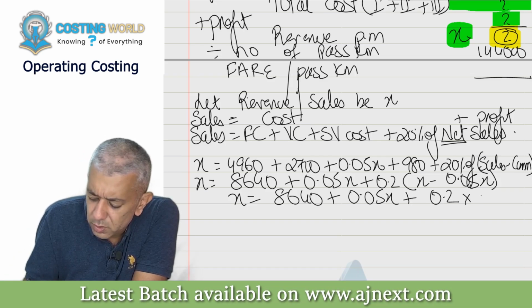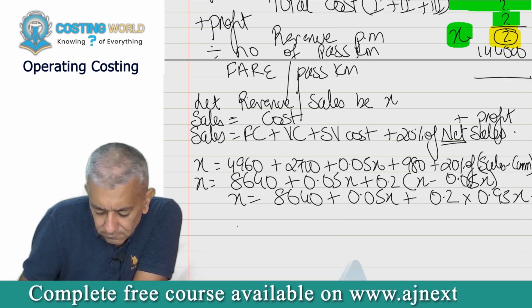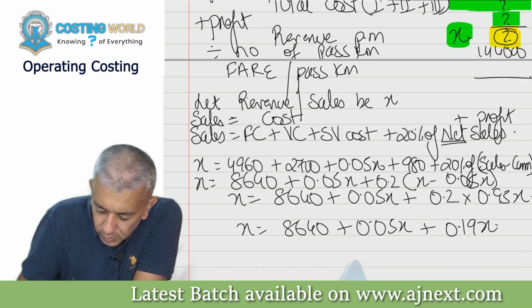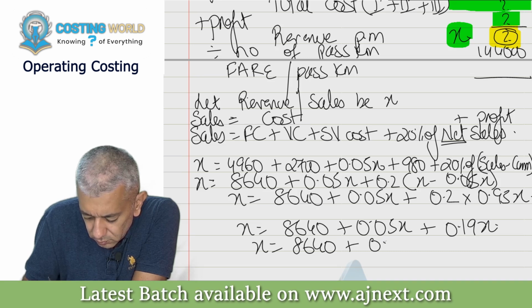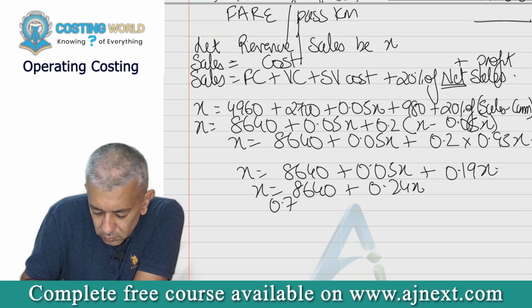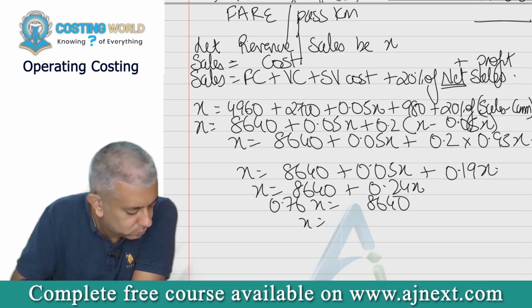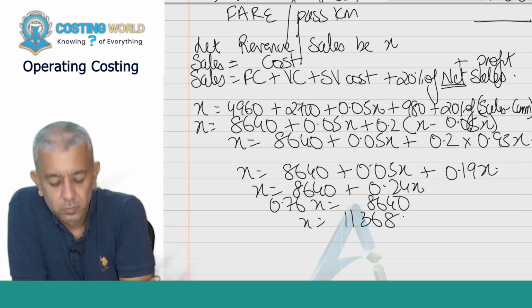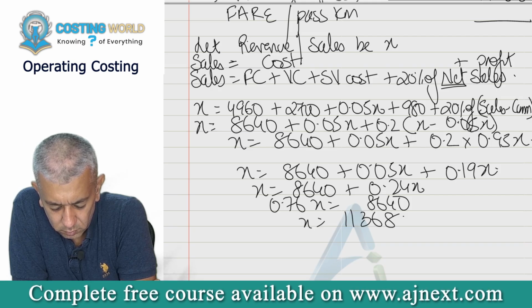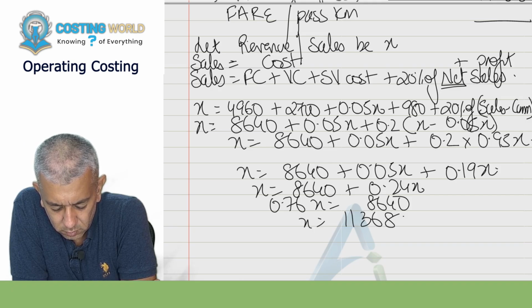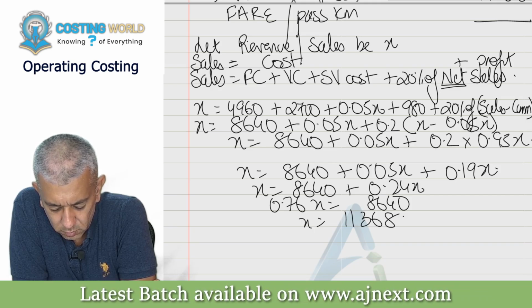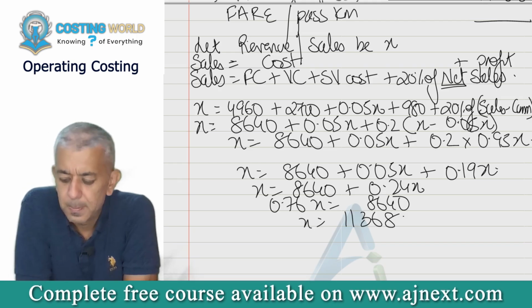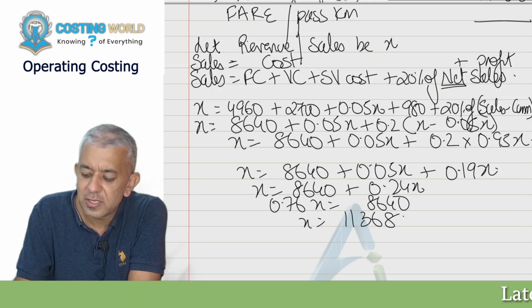Twenty percent is 0.2 into 0.95x. Got 11368, please? Everybody got 11368? Yes, sir.